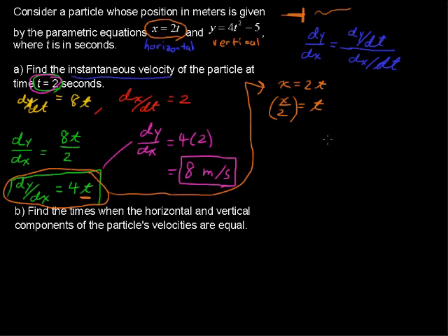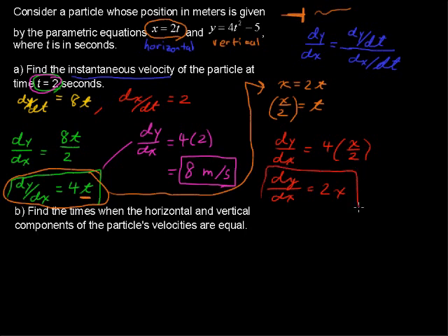So another way of writing dy/dx, the first derivative, this is just in terms of x and not t, is 4 times x over 2. So therefore, let's simplify that. We've got dy/dx equals 2x. Okay, that's the Cartesian form.